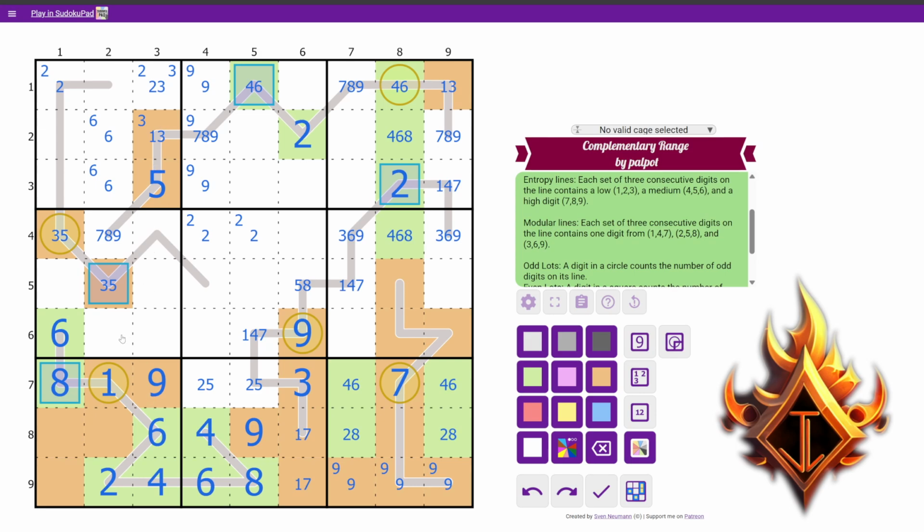Three so far in the column, 3 in this one. Um, 5. Oh, look here at this 5. It cannot go anywhere. This area is fully marked, so that's the only spot a 5 can go.